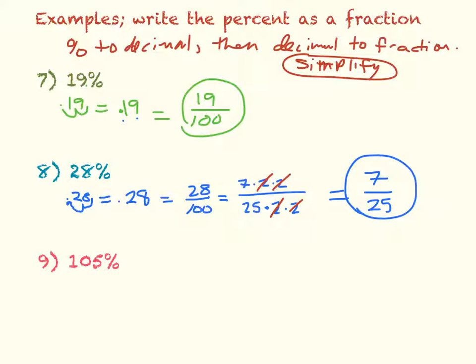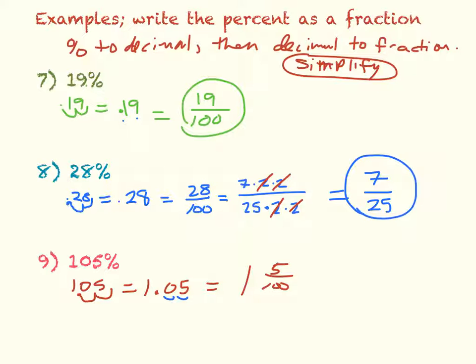And the next one, we have 105%. So I'm going to change that to a decimal by moving it 2 spots. So that's going to give me 1.05. That means I have a whole number, and then I have 5 over 100 because it's, again, 2 spots after the decimal.